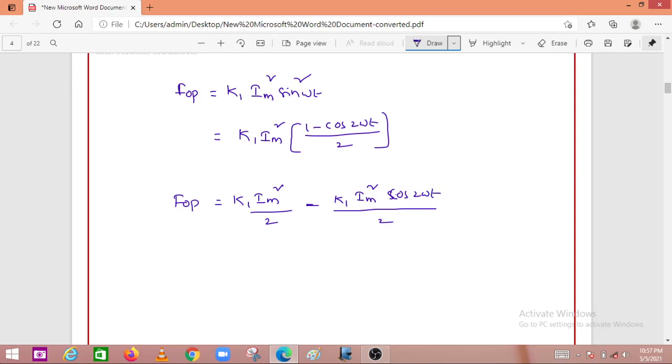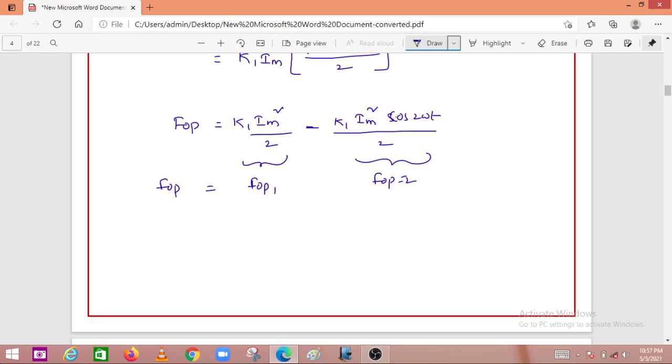That means your operating force is having two components. One is a DC component, another one is an AC component. So there exist two operating forces for AC application in electromagnetic attraction type relays.